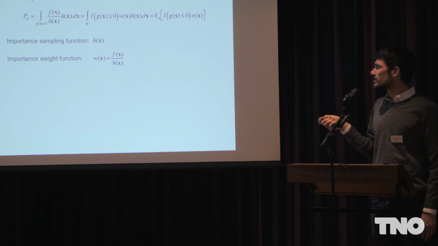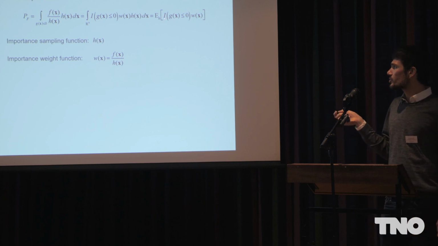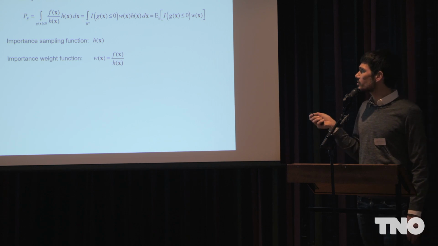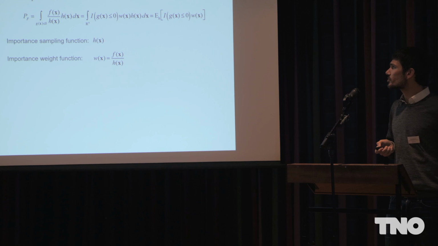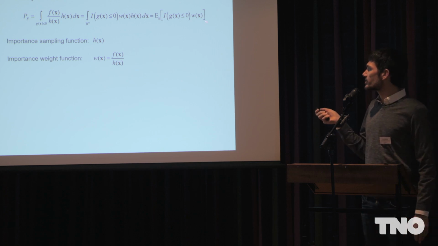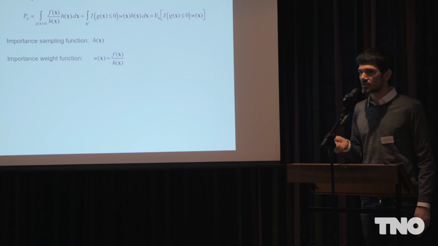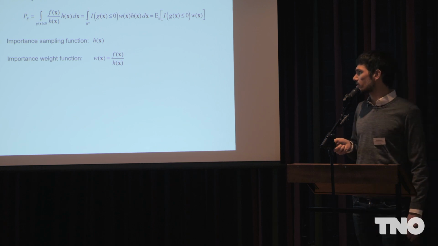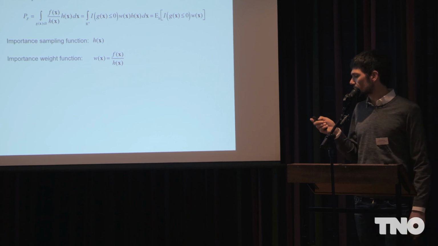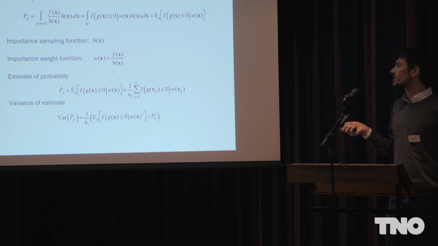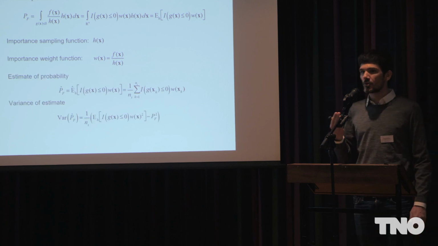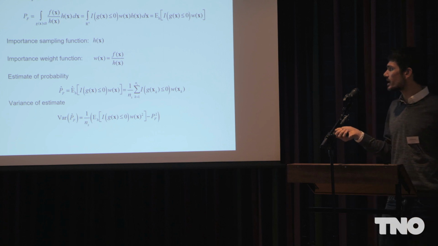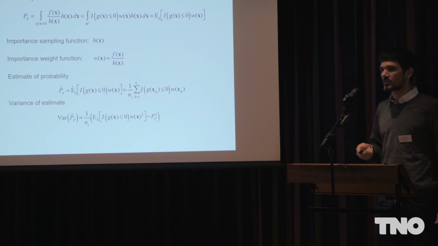Then this probability of failure can also be written as the expectation, in terms of this new importance sampling function, of the indicator function multiplied by a weight function which equals the ratio of the density of the random variables divided by the importance sampling function. Then what we can do is sample this importance sampling function and then estimate the probability of failure by taking the sample mean of this expression here.